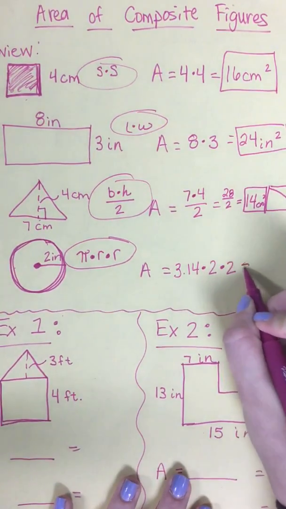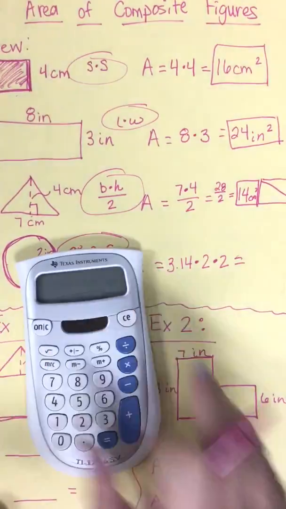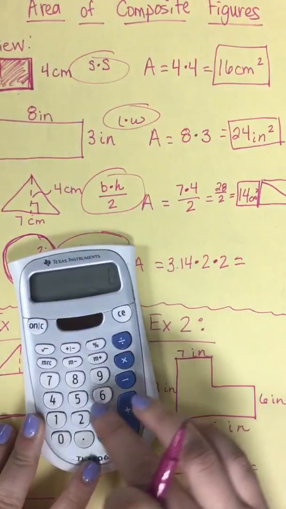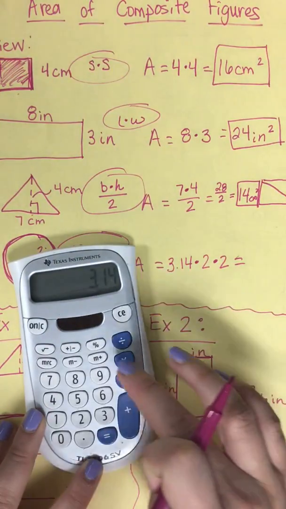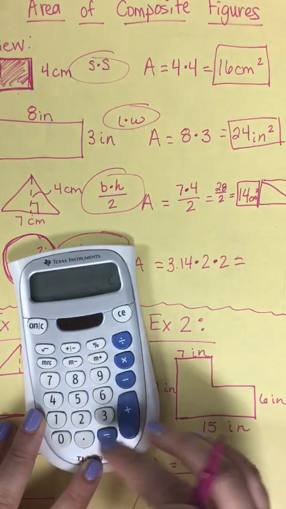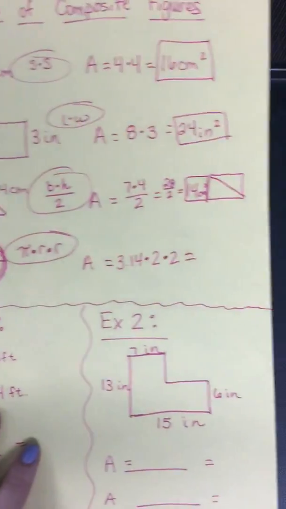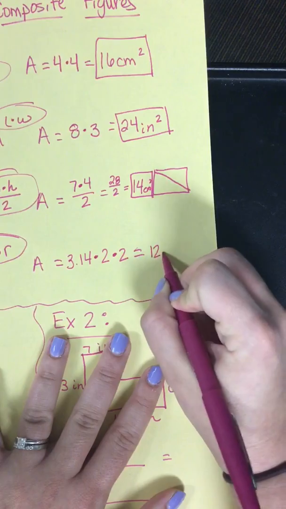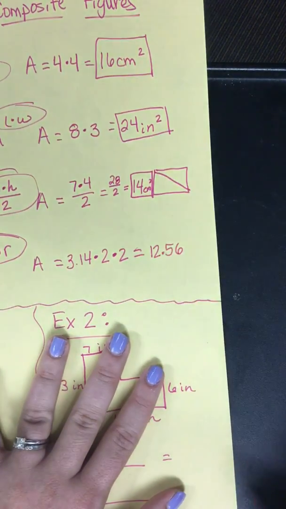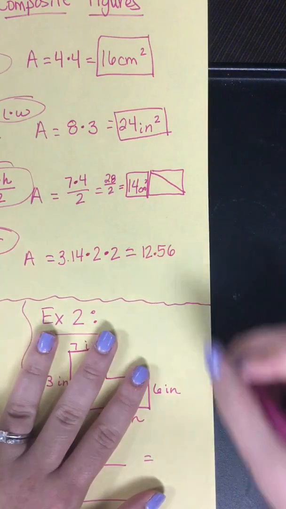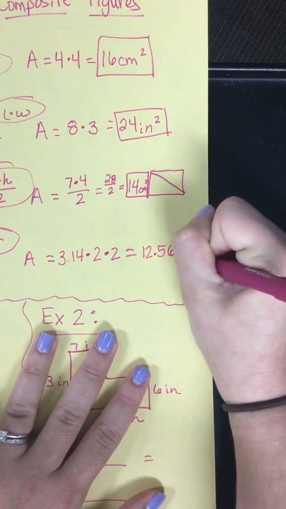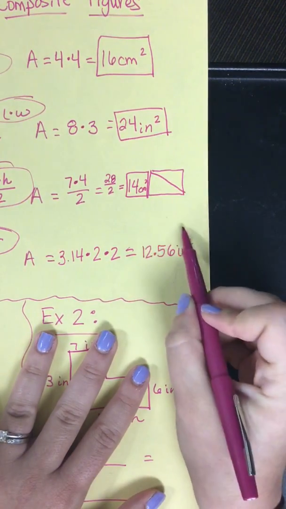Okay? Then I just get my calculator. 3.14 times 2 times 2 equals 12.56. What's my label? Inches squared.